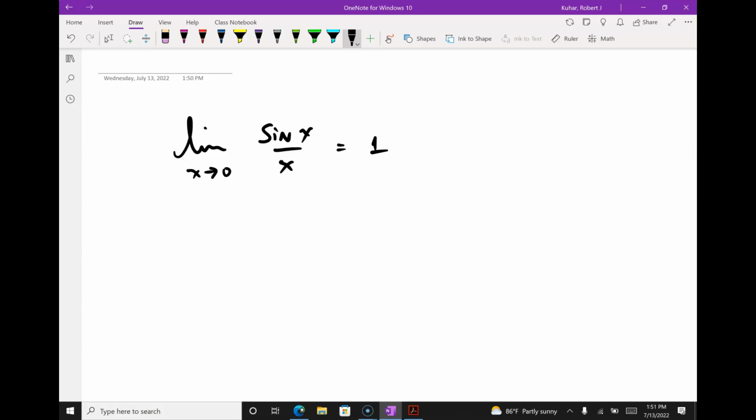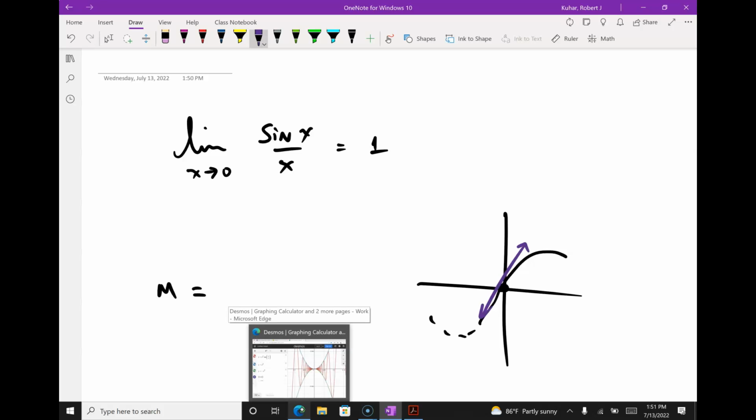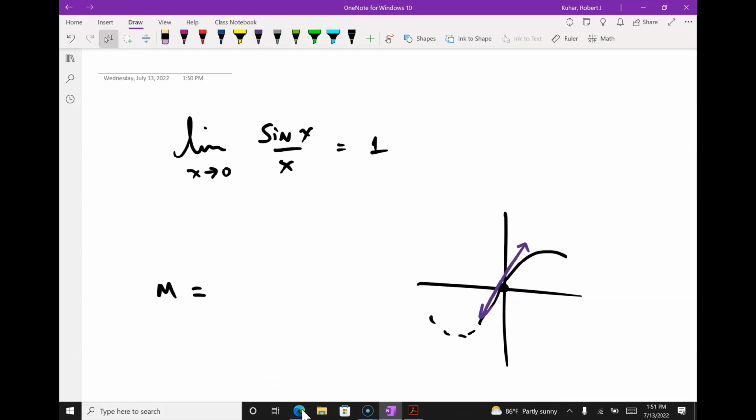Now, we saw this one already. If you remember, if we think about the sine function at 0, I had drawn that tangent line and we could see that the slope was 1. We did it, I think, Monday.